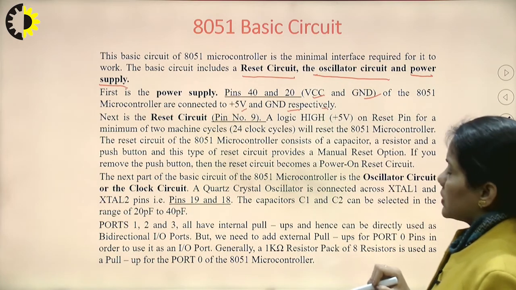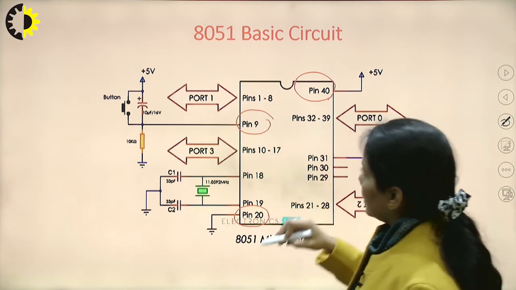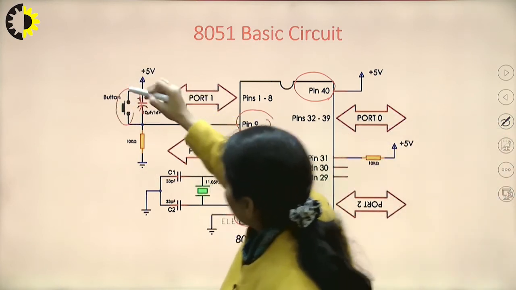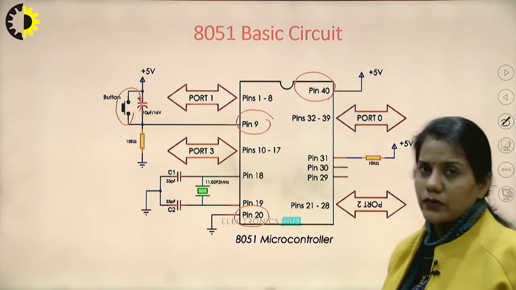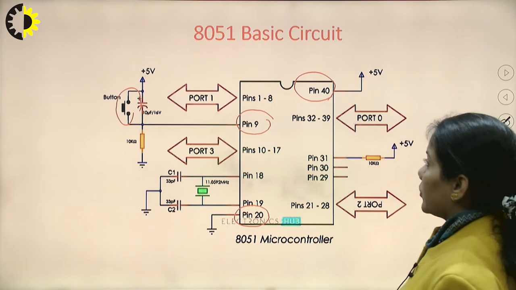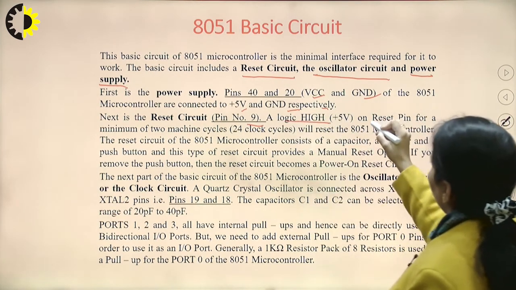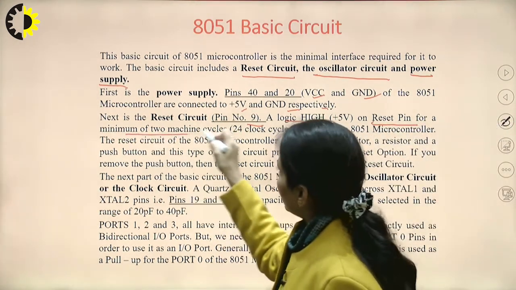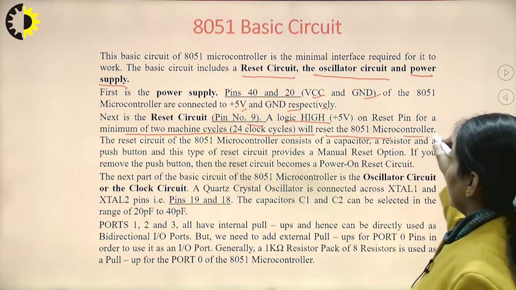Next is the reset circuit, that is pin number 9. Here pin number 9 is the reset pin, and it is provided with a manual switch also, though some of the time this manual operation is not present in the circuit. A logic high on the reset pin for a minimum of 2 machine cycles will reset the 8051 microcontroller.